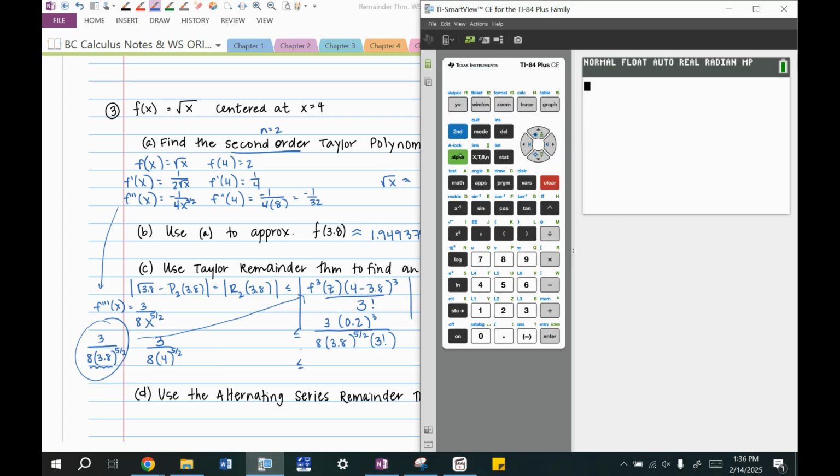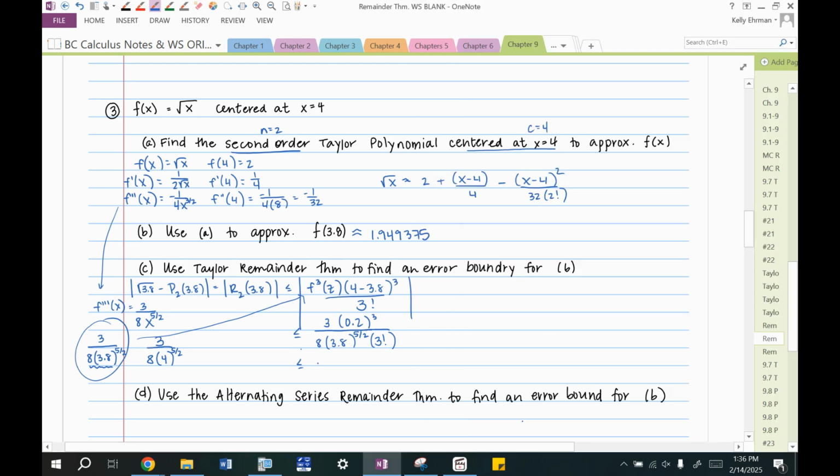I think I'll use my little fraction key for this one. 3 times 0.2 to the third, and 8 times 3.8 to the 5 halves, and multiply it by 3 factorial, or I'll just put in 6. I think putting in 6 is fine, but I'm going to put in times 6. Okay, and this is 4 decimal place accuracy.